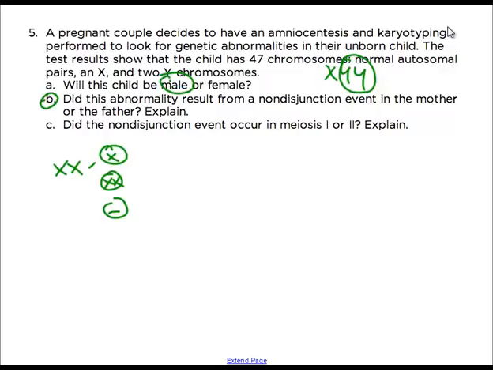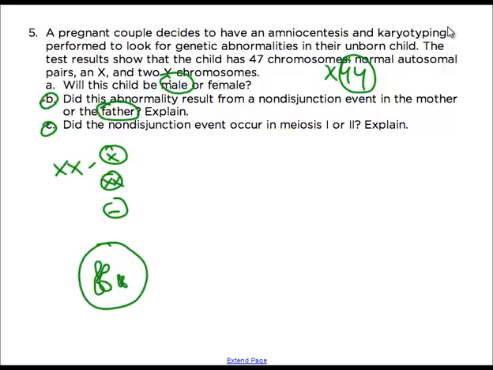The non-disjunction had to occur on the father, and Part C will allow us to take a little look at how that probably happened, or how that definitely happened. Because, and I'm sorry to say this all the time, but we've already solved this in another one of the problems, in a sense. Here's the father. He's got an X and a Y, which is hard to draw, so we're just going to make it smaller.